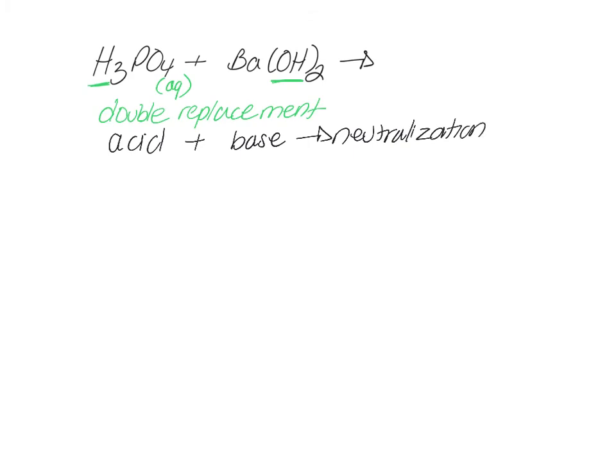And so the things that you produce then are water and a salt. So this can be an example of a double replacement, or it can be an example of a neutralization reaction. So both of them work in terms of classifying the reaction. It works exactly the same way though as any other double replacement.